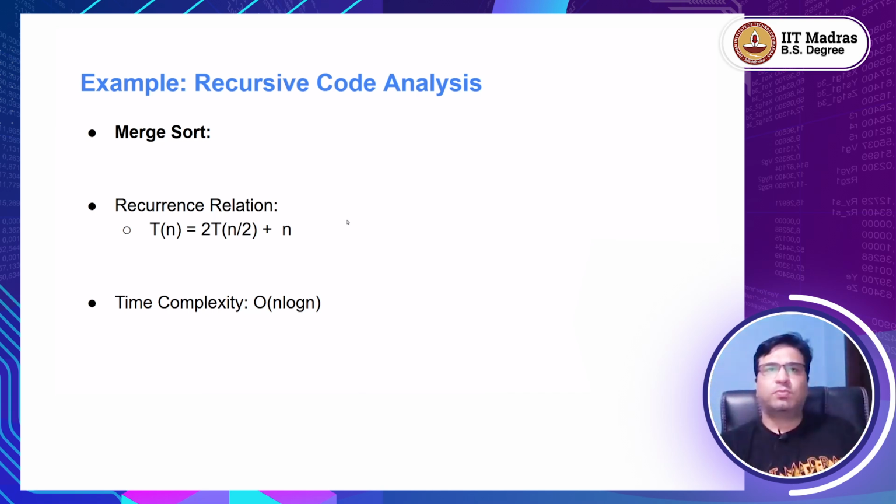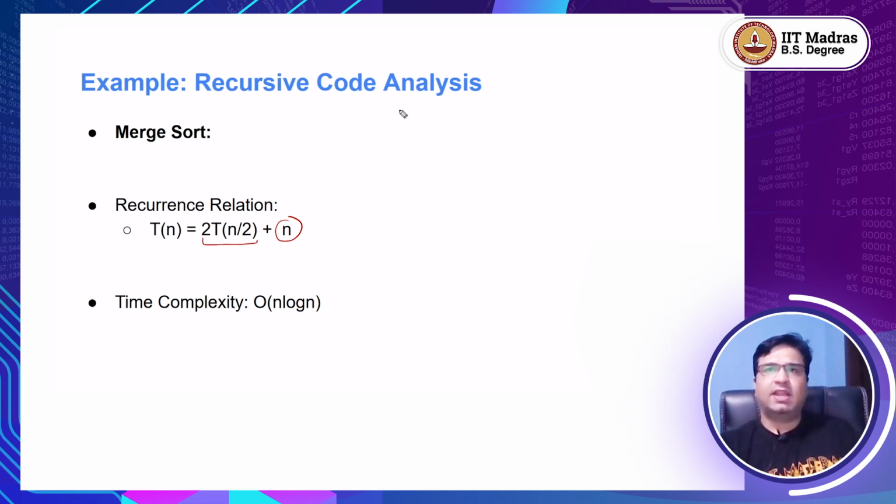So the merge operation takes order of n time, and then the recursive merge sort part. The recurrence relation for this is T(n) = 2T(n/2) + n. This n is required for the merge function, combining two sorted lists into one sorted list, and these are the two recursive calls.